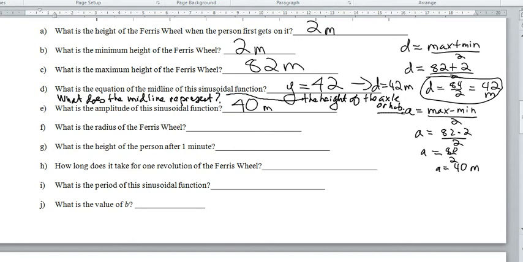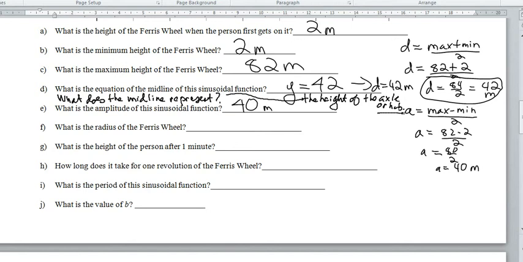Okay, what's the radius of the Ferris wheel? If D is the height of the hub, then which one of them represents the radius? Where would you have to go on the Ferris wheel to measure the radius? From the center to the top or the bottom.